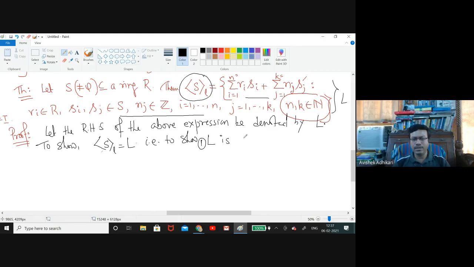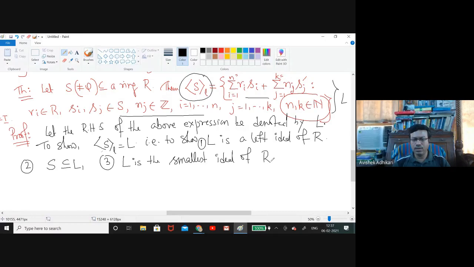First, L is a left ideal of R. Second, S is a subset of L. Third, L is the smallest ideal of R containing S. Then what will be your conclusion?